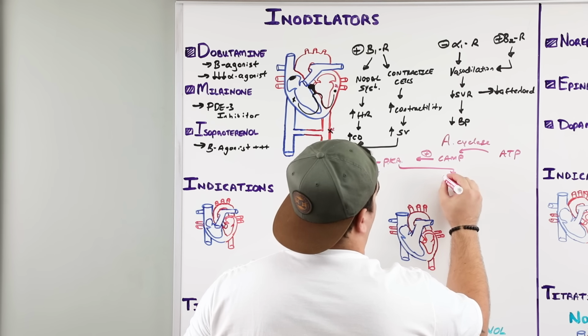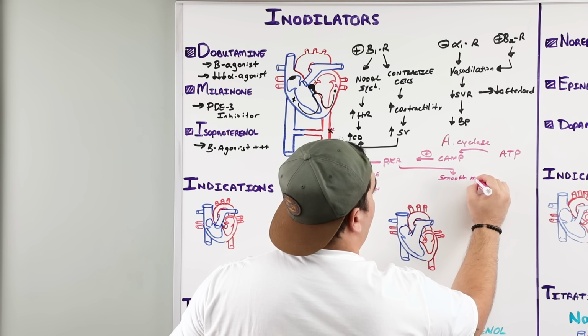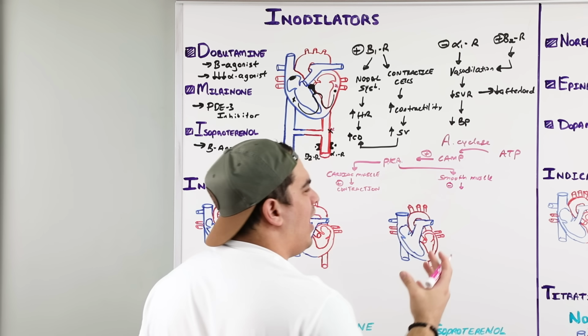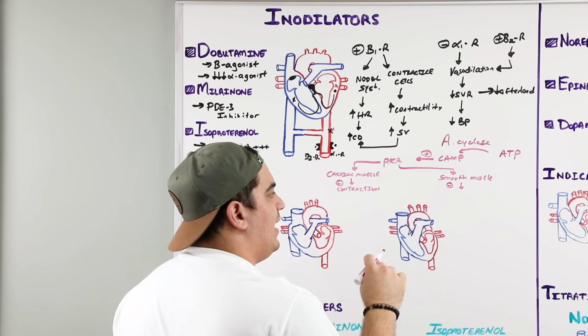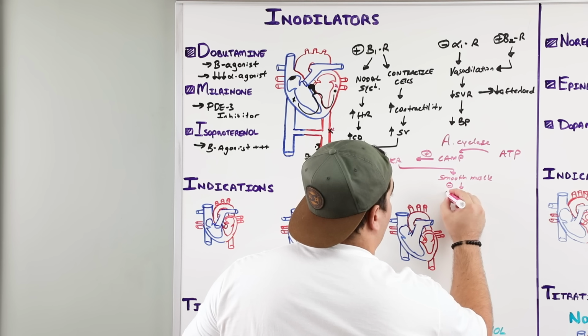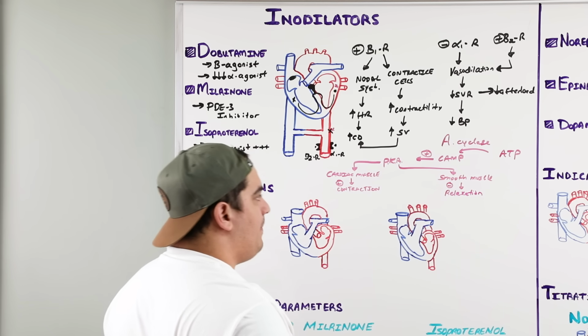In the smooth muscle though, in the vasculature, so in these vessels here, it actually causes relaxation. The reason is it phosphorylates an enzyme called myosin light chain kinase, which inhibits the enzyme, okay? So it's going to induce a relaxation mechanism, okay?